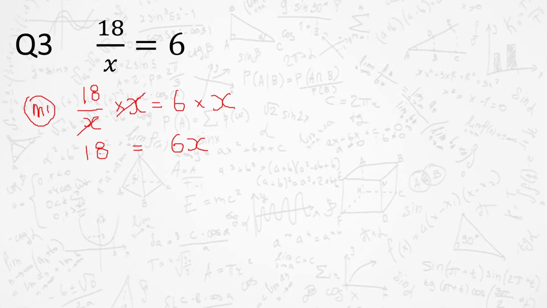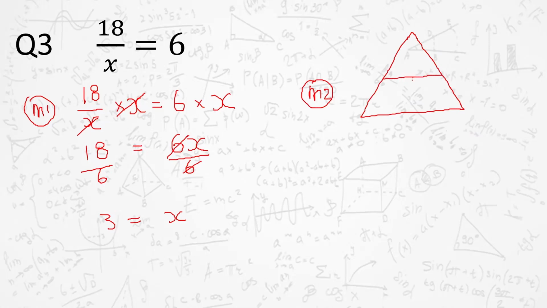Then to get rid of the 6, to solve x, I need to divide by 6 both sides. So now the 6 cancelled out. I'm left with x on the right hand side, and left hand side I have 18 over 6, which is 3. So x equals 3. Now have a look at method 2, triangle method.